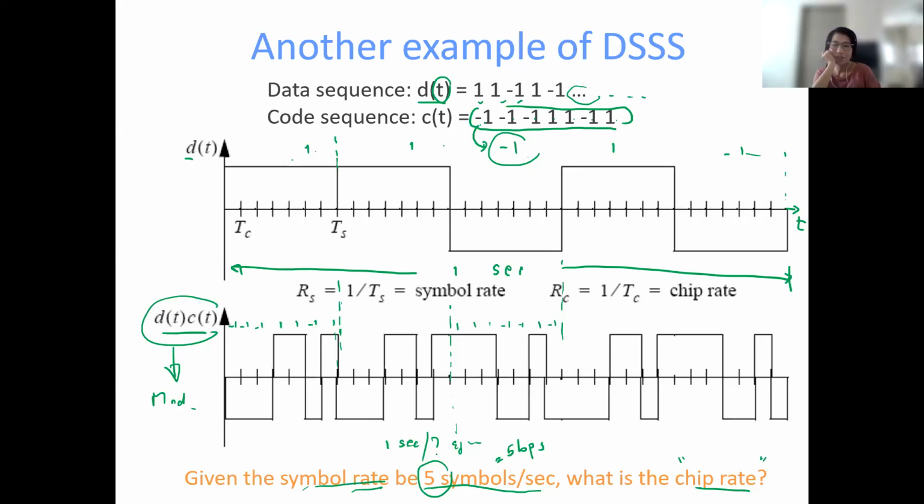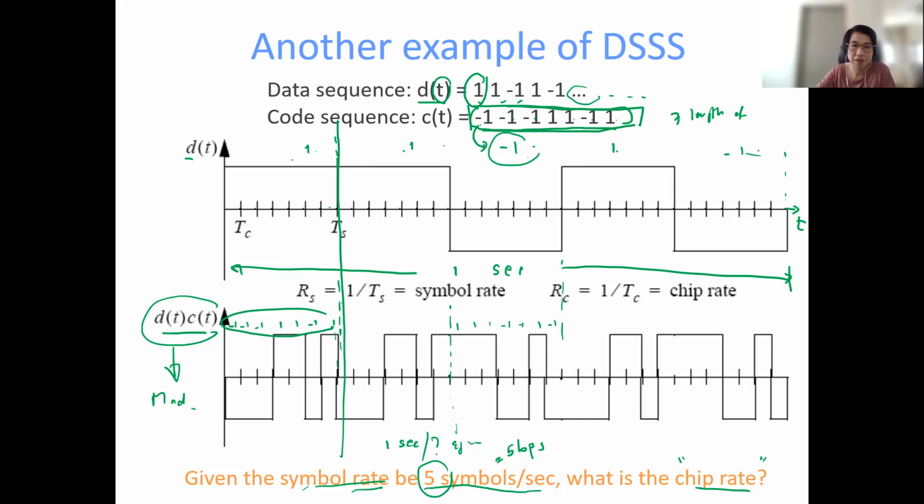Okay, let's do it together. You understand, right? In this case, for 1 bit, we represent it with a length of 7 code. So for example, here, 1 bit you represent with the 7 code, or we say chips. And then you can see easily here that there are 5 bits in 1 second, right?